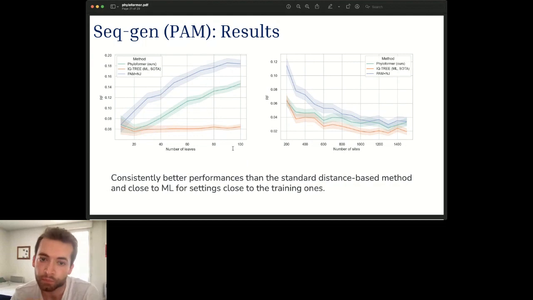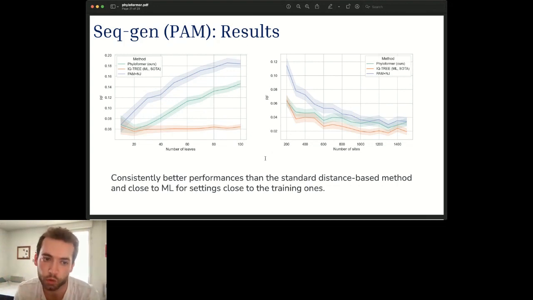This can be explained by the fact that as the number of leaves increases, so do the evolutionary distances between two randomly picked sequences along the tree. And so these distances at some point start to fall outside the range of distances that the network has seen during training.